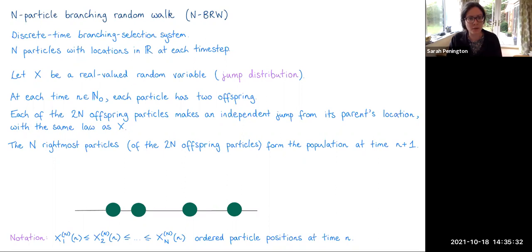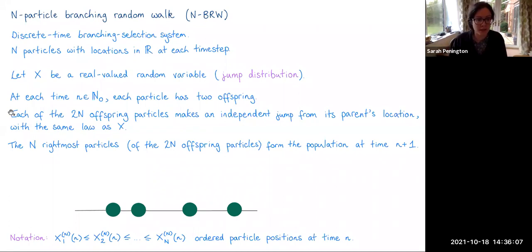Each of these 2N offspring particles makes an independent jump on the real line away from the position of its parent, and this jump has the same law as the jump distribution X. But then only the N rightmost particles out of those 2N offspring form the population at time n+1, the next generation. So the N leftmost offspring particles are killed, and only the N rightmost survive.